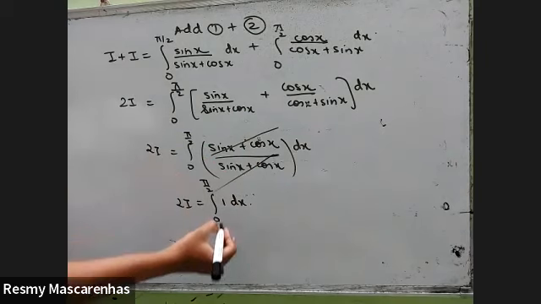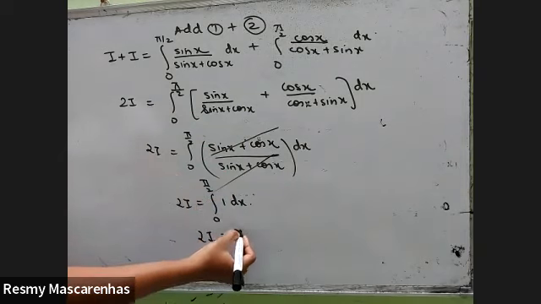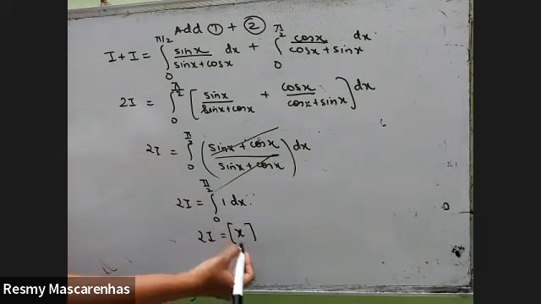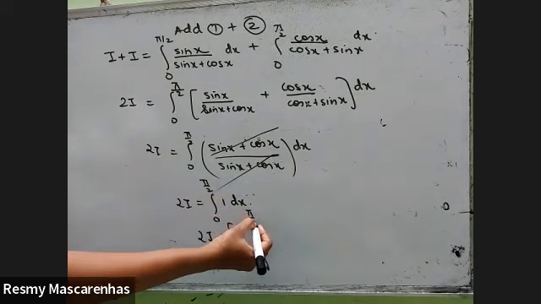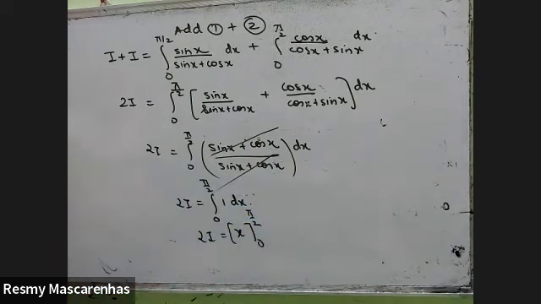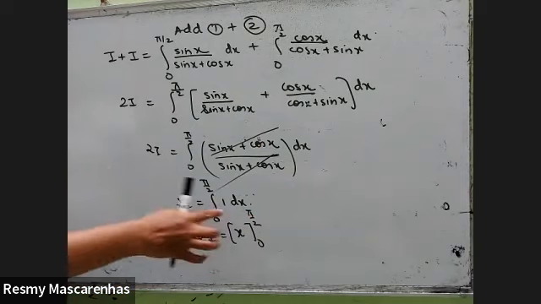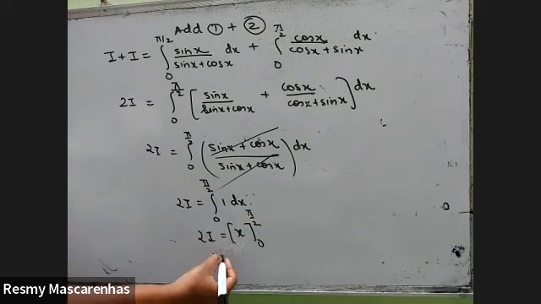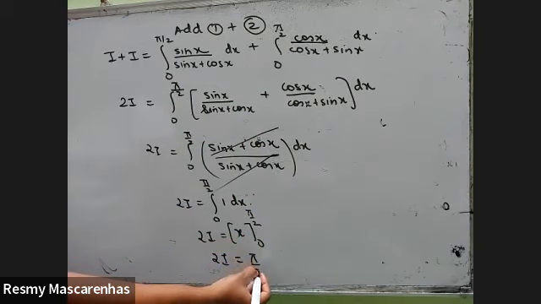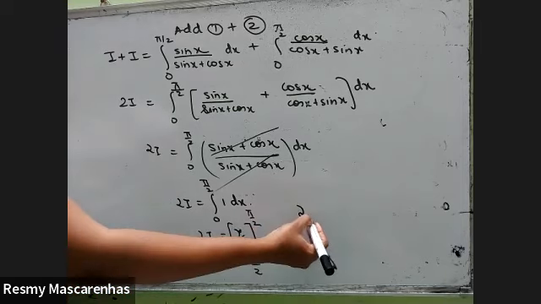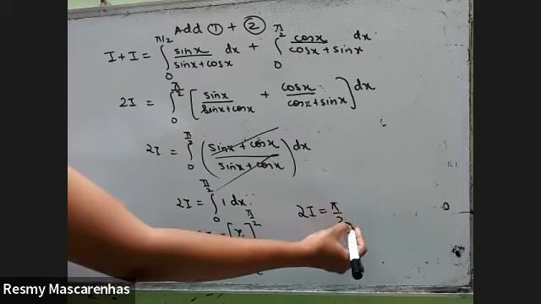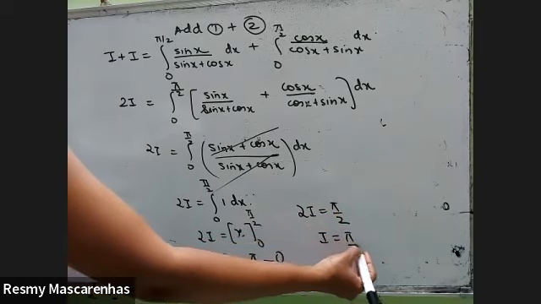The integral of 1, you know, is x. The moment you integrate, you have to put the limits. And how to solve a definite integral? Always substitute the higher limit minus the lower limit. Wherever there is x, put the higher limit first, the middle sign is minus, then put the lower limit. So 2I is equal to pi by 2. I will be pi by 4, is the answer.